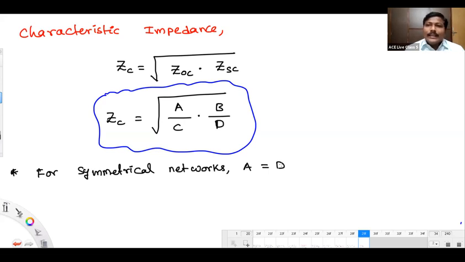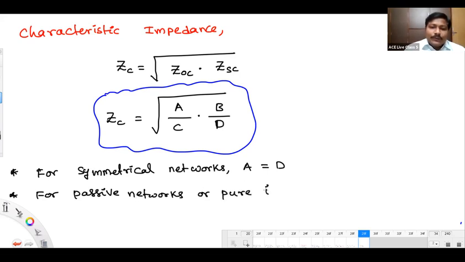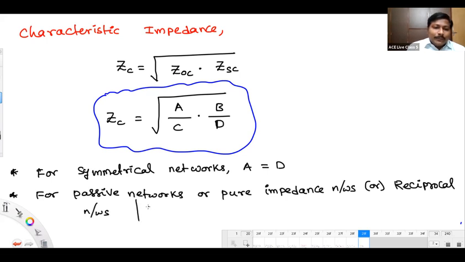Whereas if the network is reciprocal, sometimes called a passive network, the determinant of the ABCD matrix will be equal to 1.